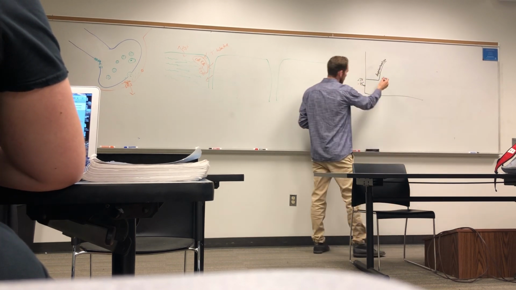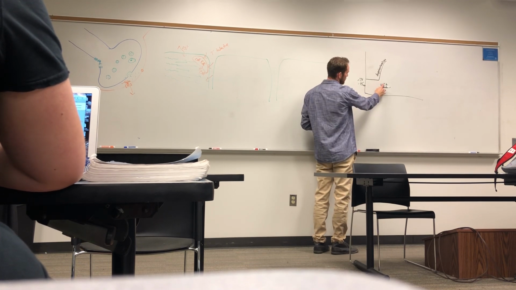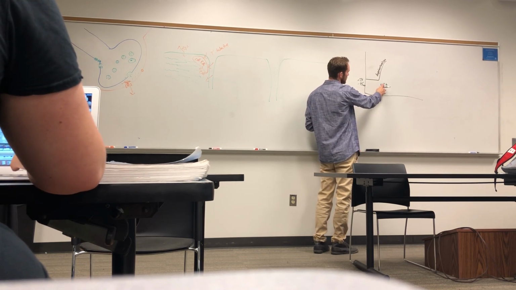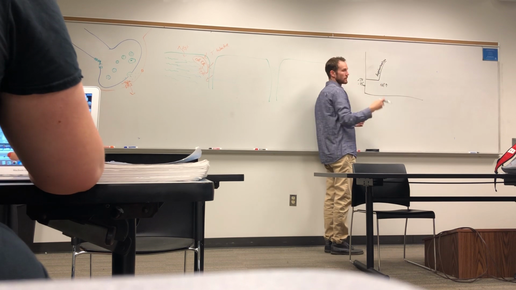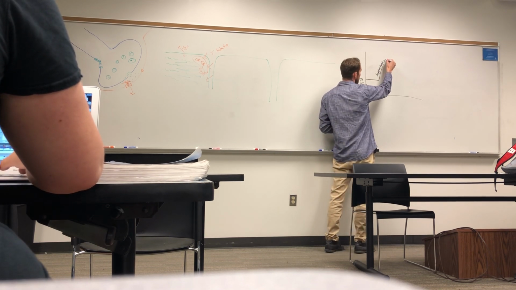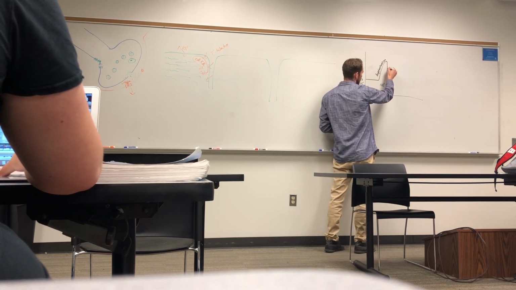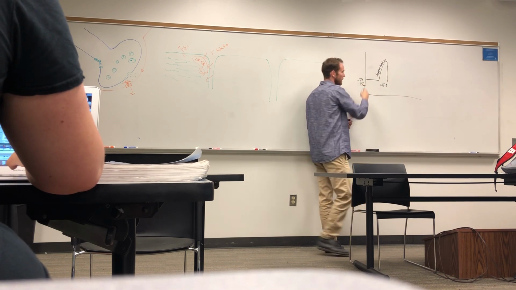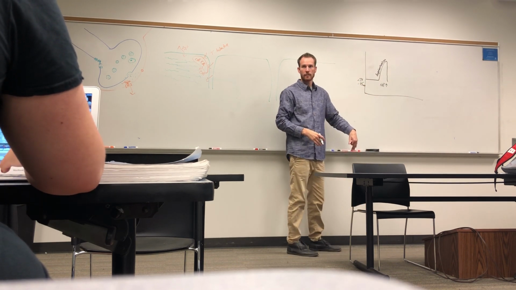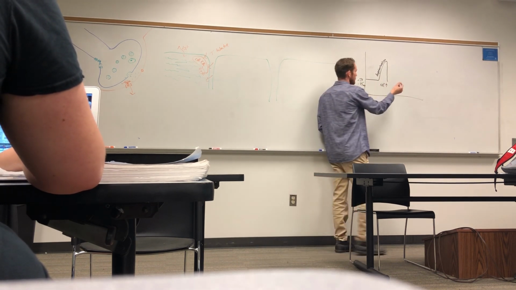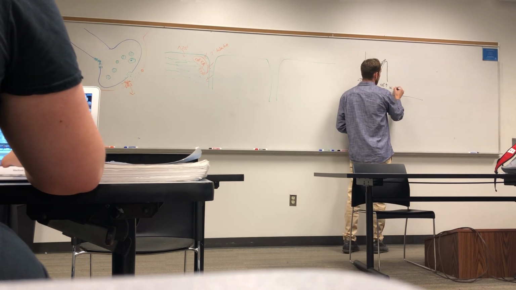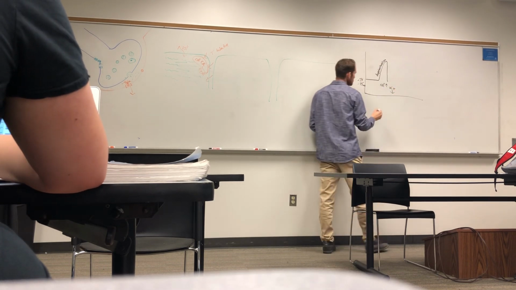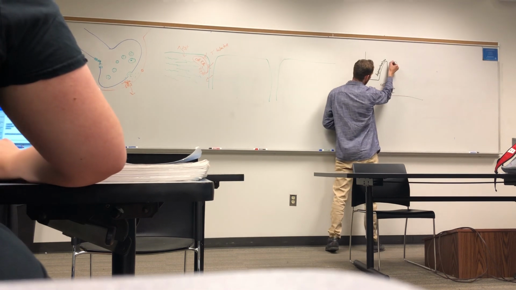Then the voltage-gated sodium channels close, voltage-gated potassium channels open, and that causes the polarity to go back down negative again, right? Because all those positive potassiums are leaving the cell. This is repolarization.